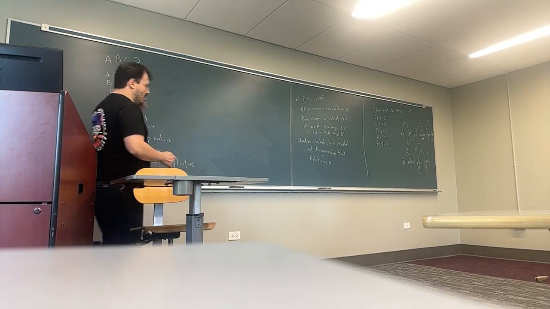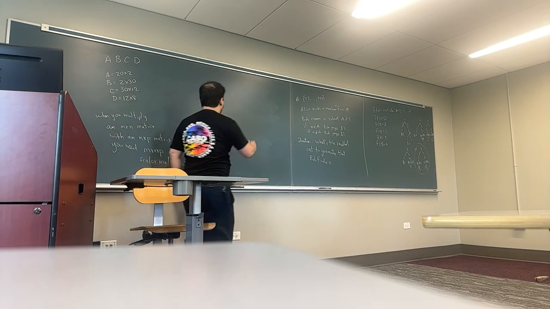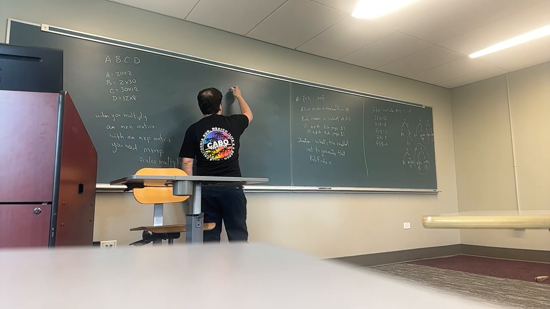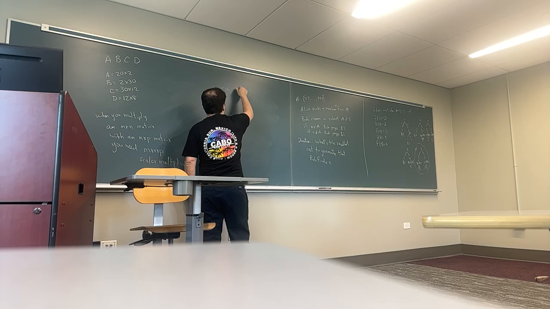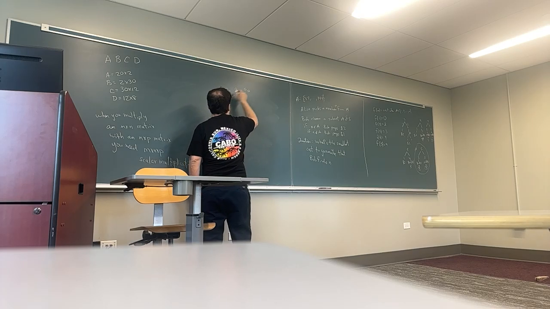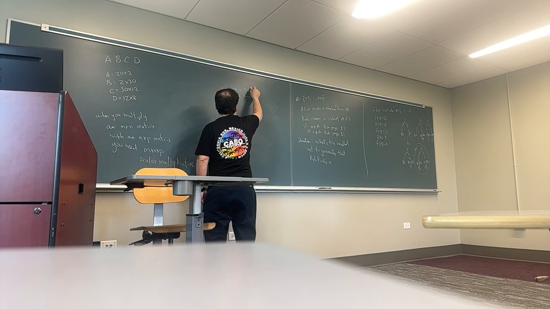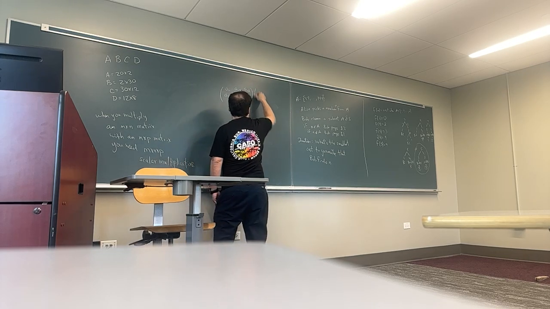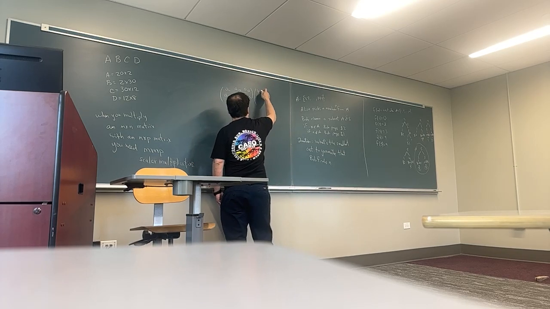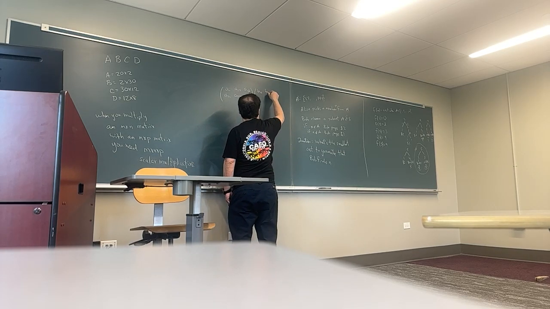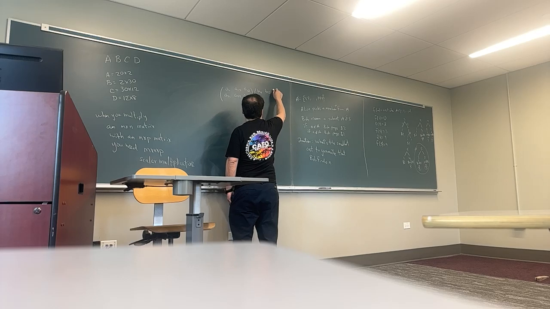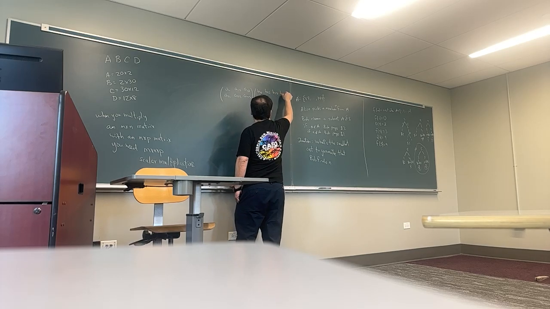It's not so hard to see why. So if you have, say, a 2 by 3 matrix, and then you have a 3 by 4.